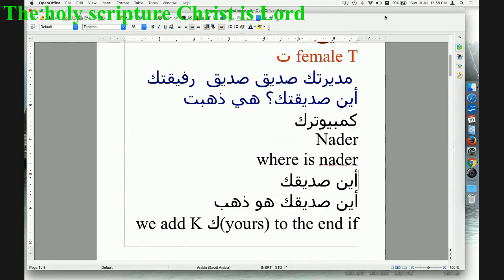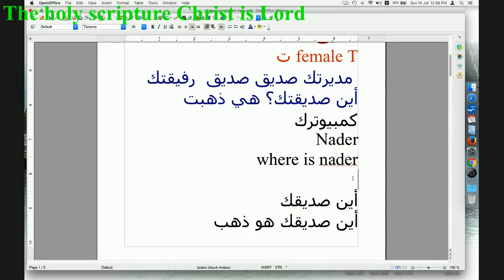So if it is a female, then that will make the word, instead of صديق, صديقة. It's the original for a female. The root is صديق. For female, we add a ta, which is ta التأنيث. That will make it صديقة, which means a friend.